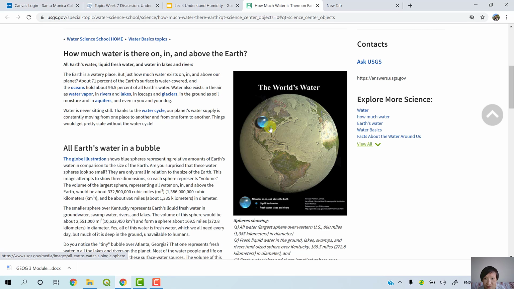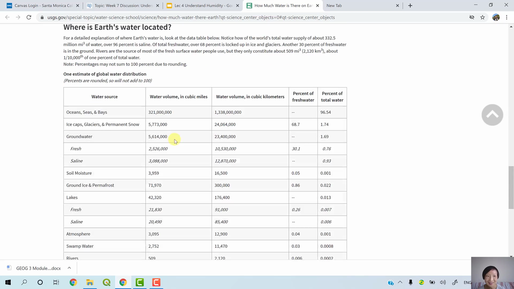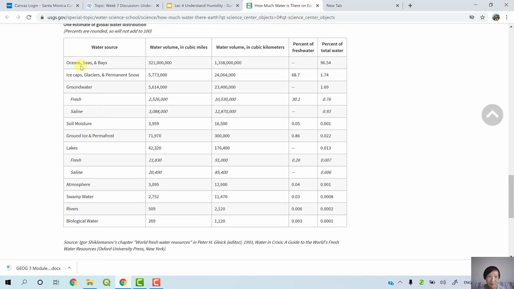But our atmosphere is like this compared to the entire size of our Earth. You can see very little amount. All the Earth's water is in a bubble, and the atmosphere's water is even smaller, like a droplet.